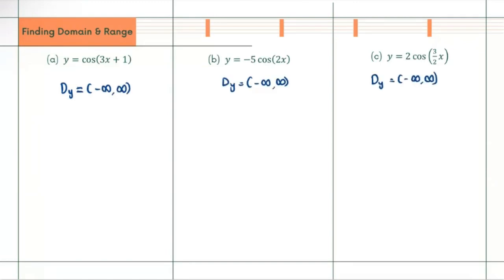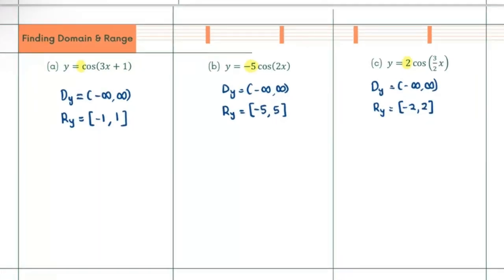Okay, tetapi range kita akan refer our value of A kat sini. So here, the range will be, kalau sini 1 maksudnya negative 1 until 1. Kalau 5 tu, range kita adalah negative 5 until 5. Dan untuk C, the range will be negative 2 until 2. So kita salin sajalah. Senang kan? Cosine dengan sin ni senang lah nak cari domain dengan range dia.